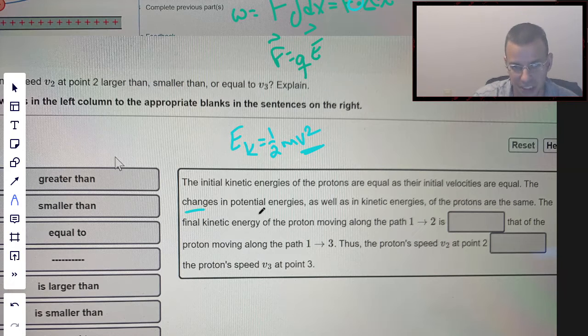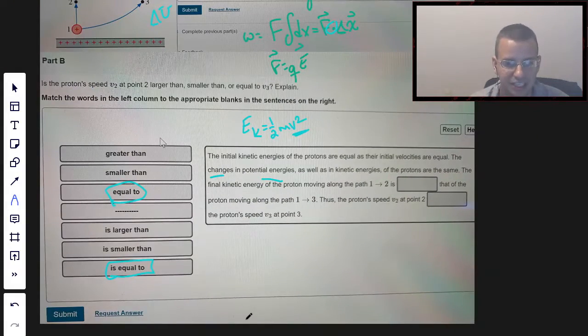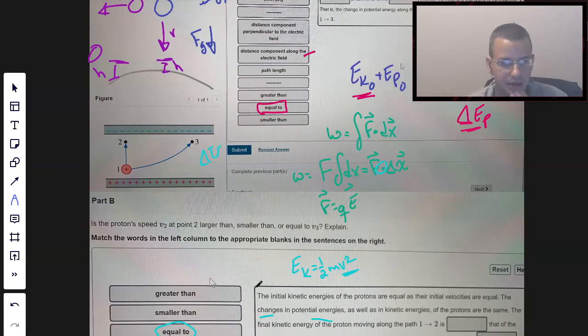Yep, the change in potential energy, that's what we just talked about. The final kinetic energy of the proton moving along path 1 to 2 is equal to that of the proton moving from 1 to 3. The proton speed at 2 is also equal to the proton speed at point 3. So a lot of explanation, but the concept there is important and worth knowing.